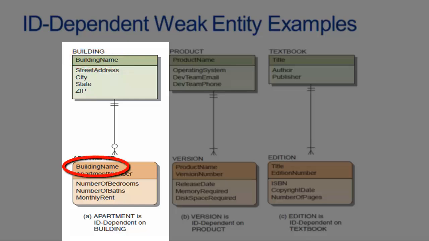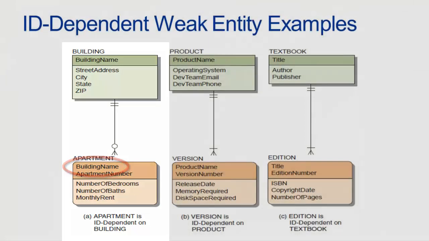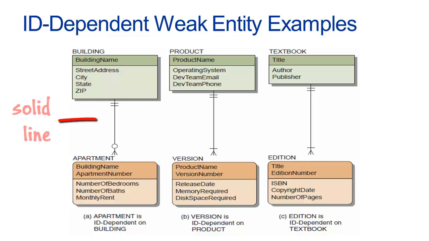If the relationship between a strong entity and a weak entity is ID dependent, then we call that relationship an identifying relationship. And this can be seen graphically in entity relationship models by the use of a solid relationship line connecting the strong entity to the weak entity.